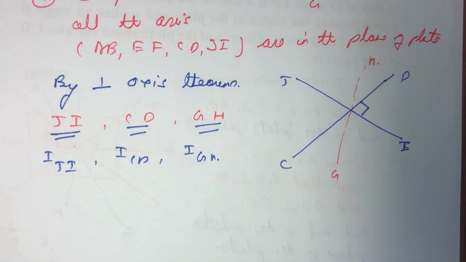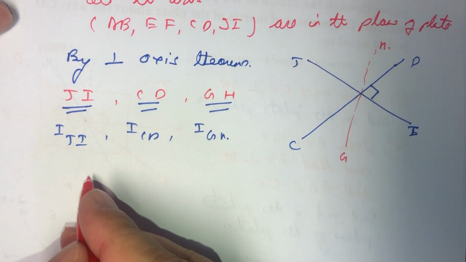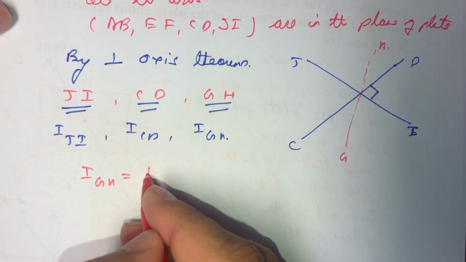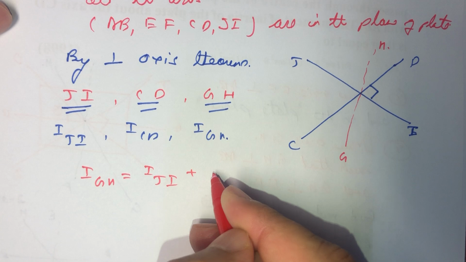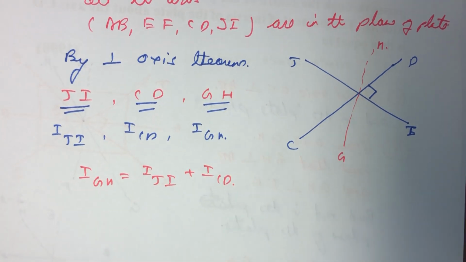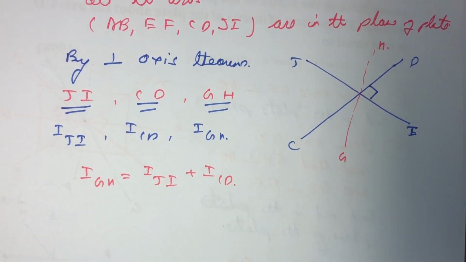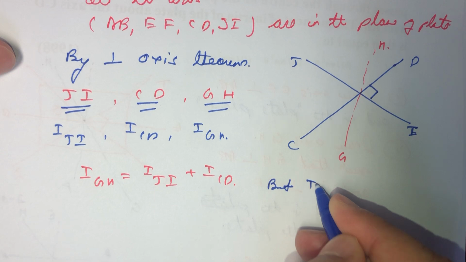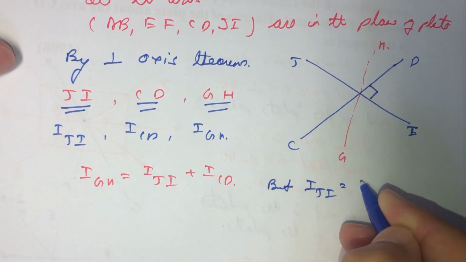So once again, by this theorem, IGH is equal to IJI plus ICD. Because of the symmetrical square, IJI is equal to ICD.